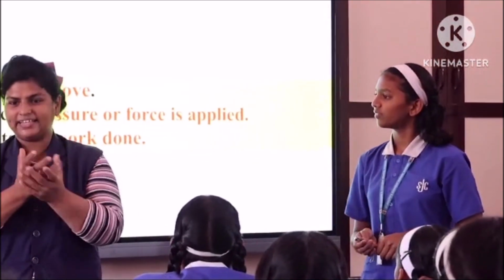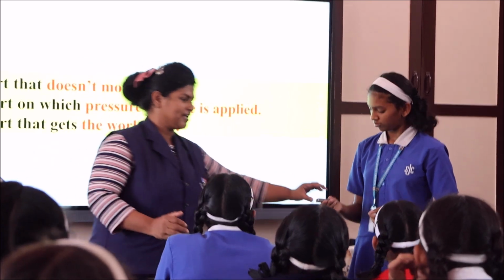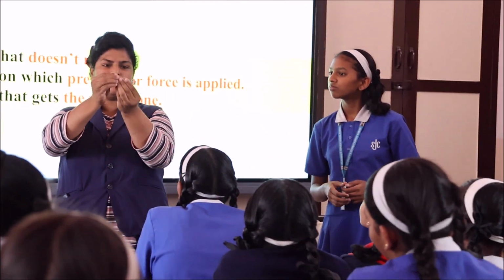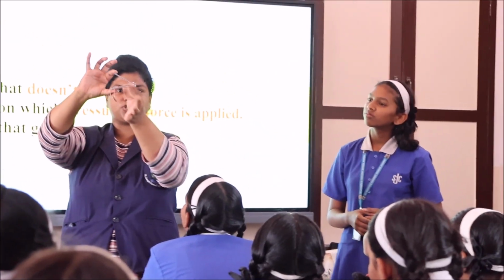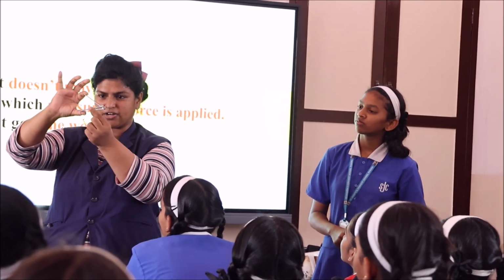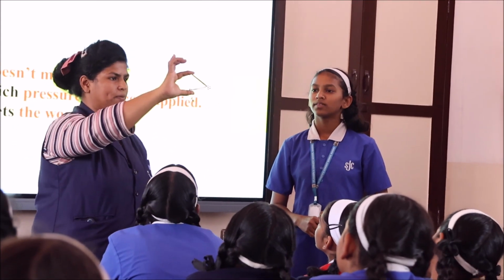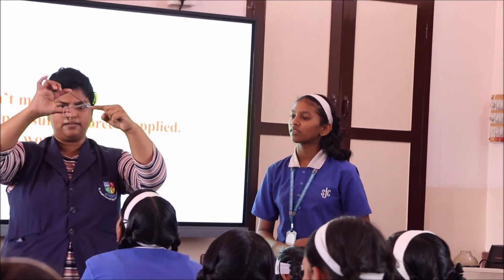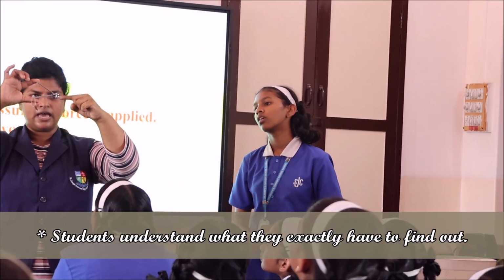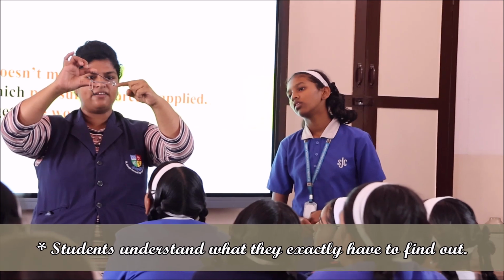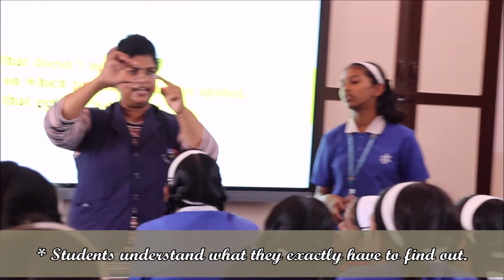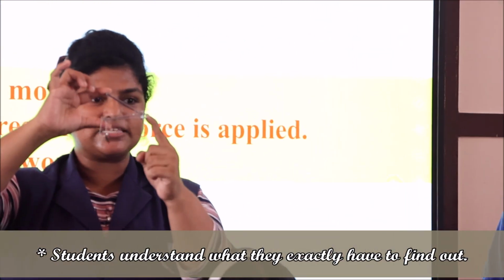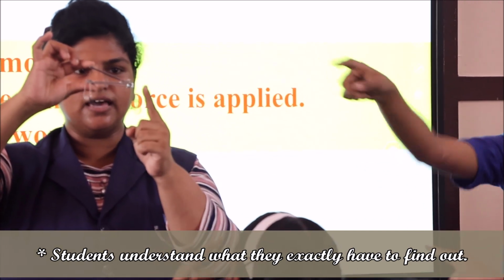Again, there's a small misunderstanding that she has. Again, this is the structure. Now look very carefully, babies. This is my nail. Work is getting done where? At the nail, this part. Where is the pressure being applied? Here.